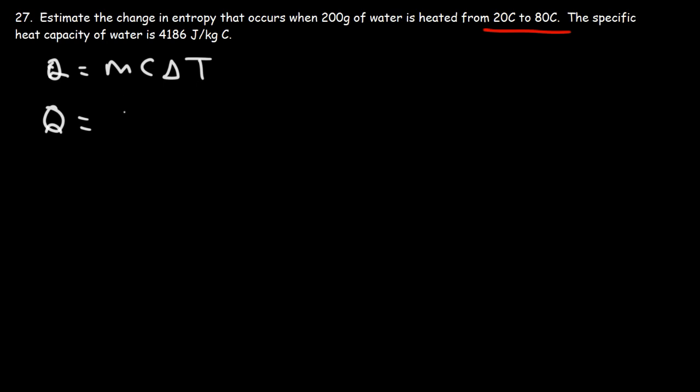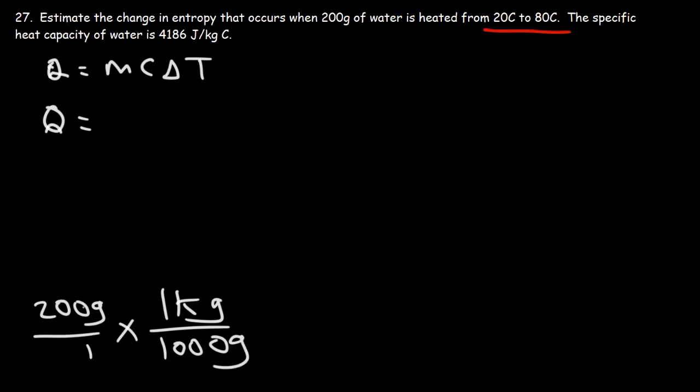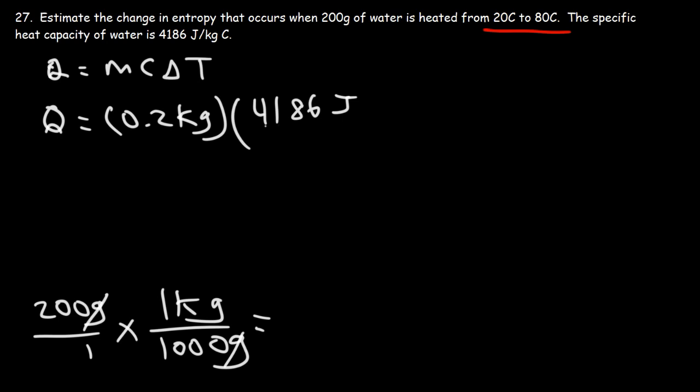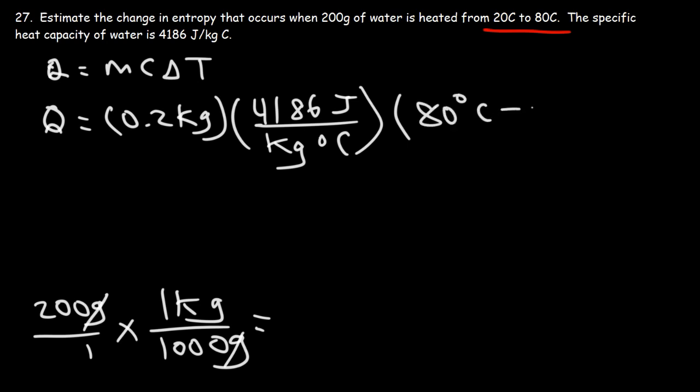Now the mass of water is 200 grams, but the specific heat capacity has the unit kilograms. So we need to convert grams to kilograms. As we know, 1 kilogram is 1,000 grams. So it's 200 divided by 1,000, which is 0.2 kilograms. And then times the specific heat, which is 4186 joules per kilogram per Celsius. And then the change in temperature, that's 80 degrees Celsius minus 20 degrees Celsius.